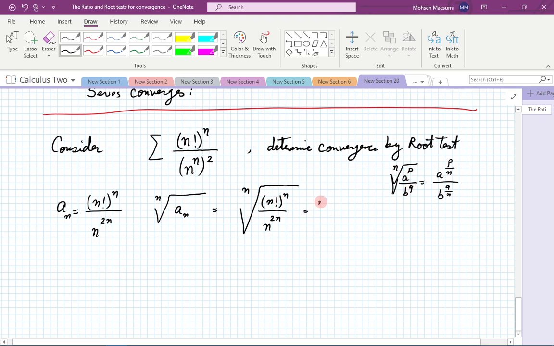So here we have n factorial, originally to the power of n, then you're taking the root n, and in the denominator you have n to the power of 2n, and then you're taking the nth root. So the numerator is n factorial, the denominator is n squared.